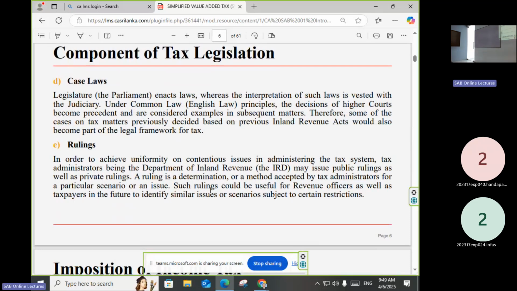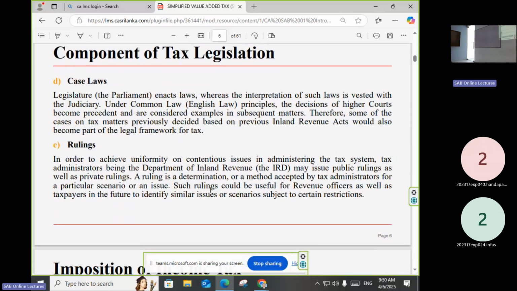Once the court has given a decision in a legal proceeding, if the facts and figures are very similar to a subsequent case, that decision can be used for the same. Therefore, that is also considered a part of law.